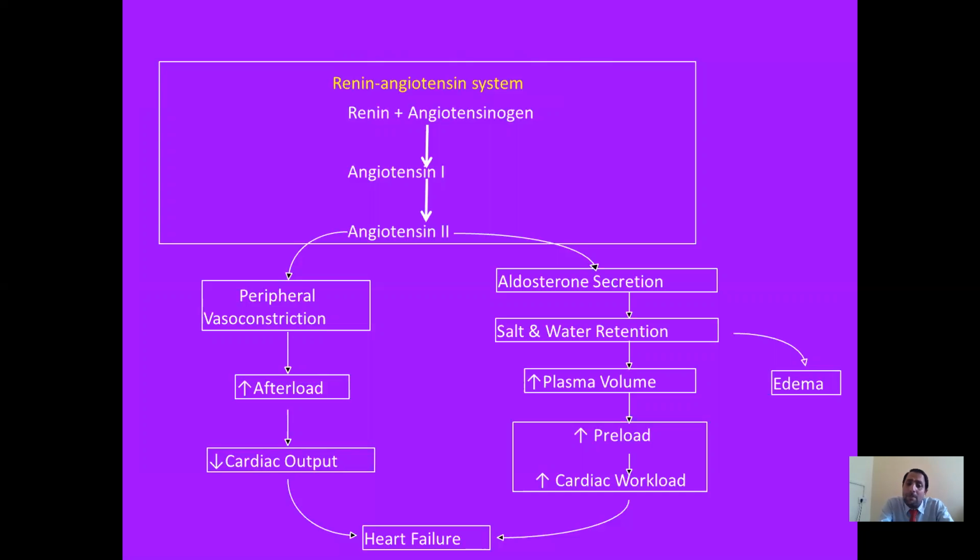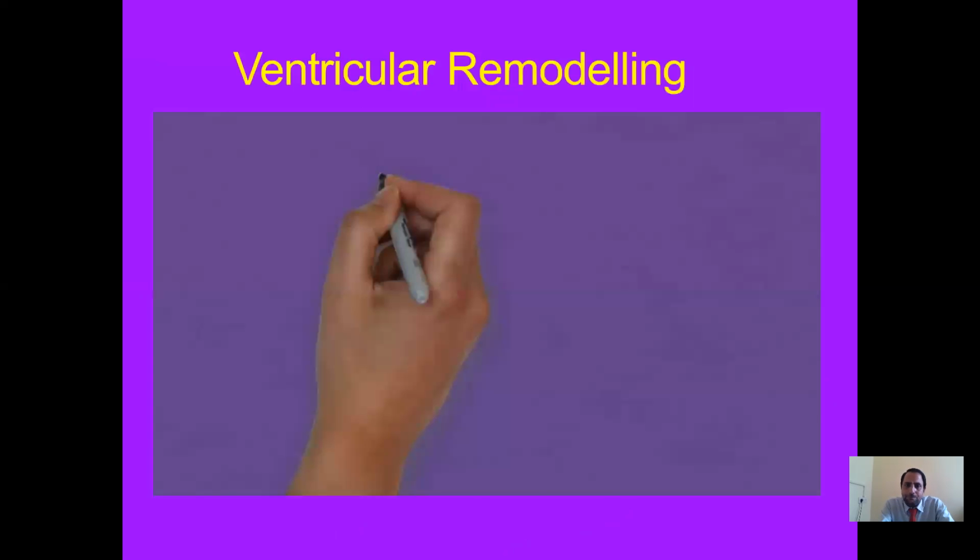Angiotensin 2 is also a potent peripheral vasoconstrictor. It constricts the blood vessels, decreases the cardiac output, and leads to heart failure.